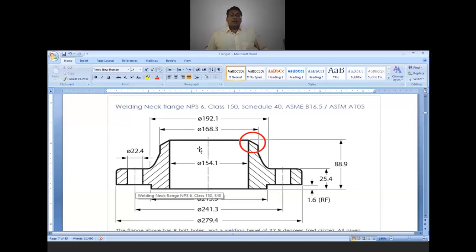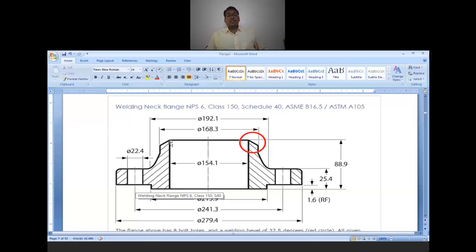So here for a schedule 40 and class 150, that means it can be used up to 150 kg per centimeter square and for a certain temperature. The temperature and pressure associated with this schedule and this class are specifically defined, they are standard.